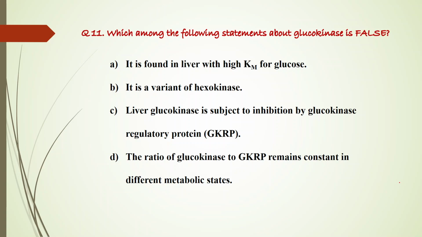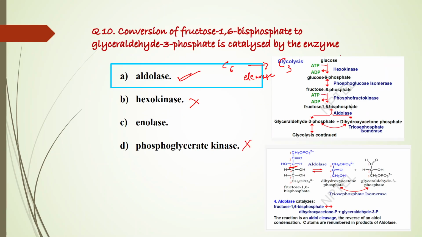So it states, which among the following statements about glucokinase is false? So glucokinase is what? Even in the options, actually all the things regarding glucokinase are written. So let us just go back. We see this step, the conversion of glucose to glucose 6-phosphate, that is generally mediated by hexokinase.